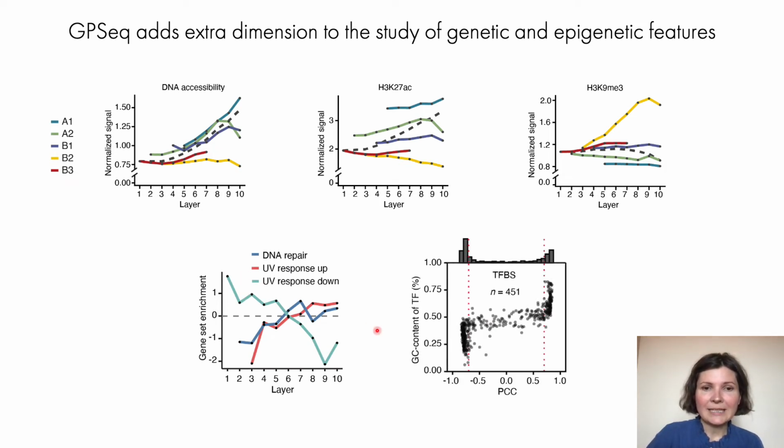We also looked at distribution of transcription factor binding sites, and we could see that for the vast majority of transcription factors, their binding sites show strong radial gradients, either anticorrelating or correlating highly with GP-seq score, indicating again some functionality to it. And that is something that we are now trying to explore in greater detail.